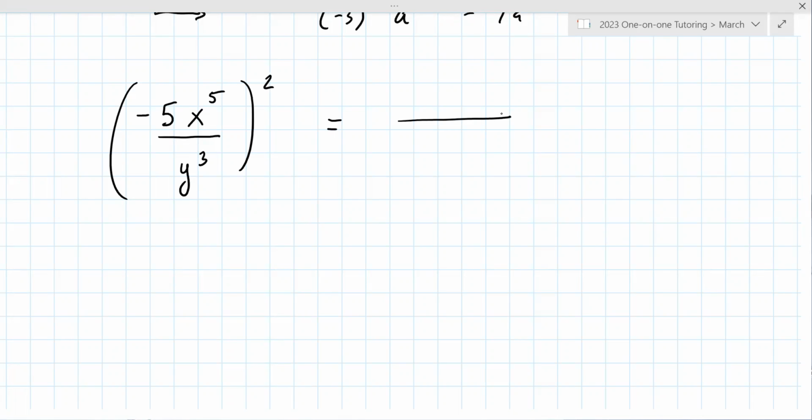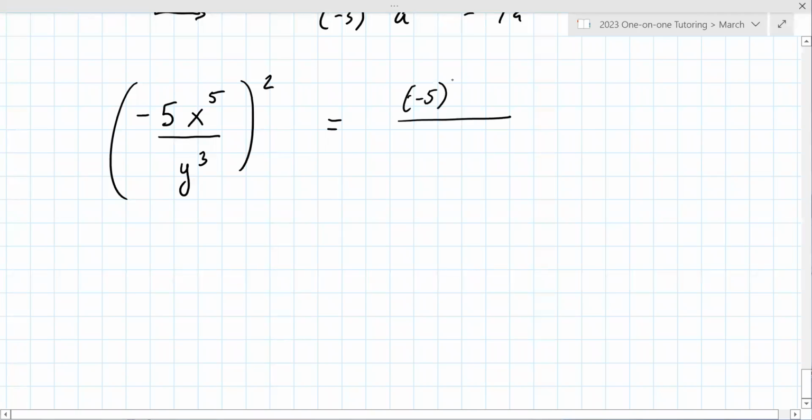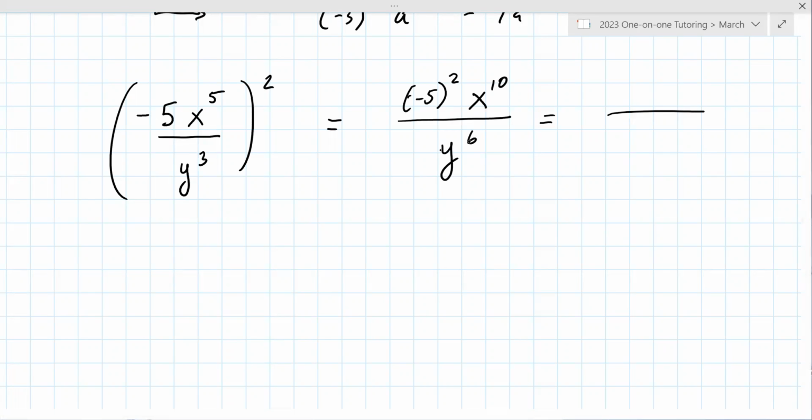Wait, hang on. How did you come up with 10? Oh, it would be 25. Yes. That's why we're doing it. It's because you're used to just multiplying, right? And you think, okay, I'll just multiply that. But that's why we're doing a bunch of examples, so you rid yourself of that bad habit. I don't know how else to express it here. So it would be, in parentheses, -5, squared, then x to the 10th, and then y to the 6th. Okay, keep going. You're almost there.